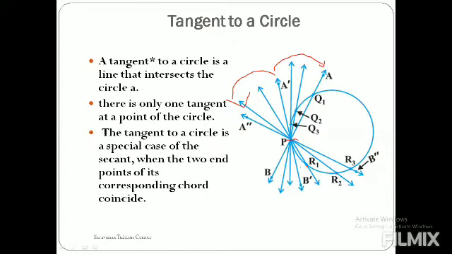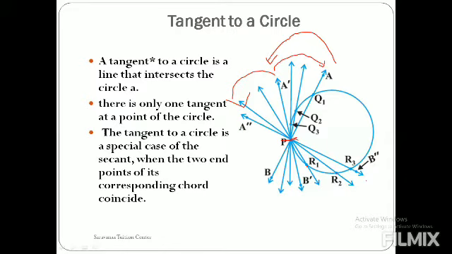Next, while doing the activity above, you must have observed that as the position AB moves towards the position A dash B dash, the common point Q moves towards the intersecting point P, like Q1, Q2 and Q3.